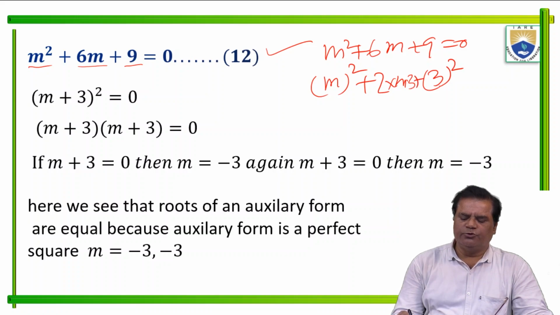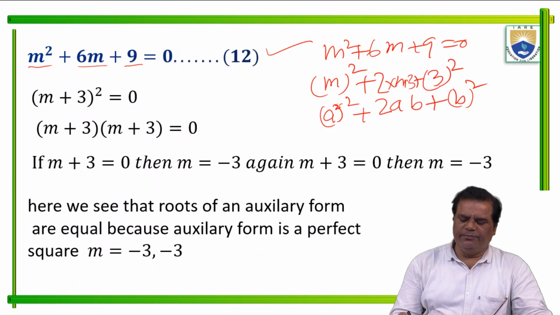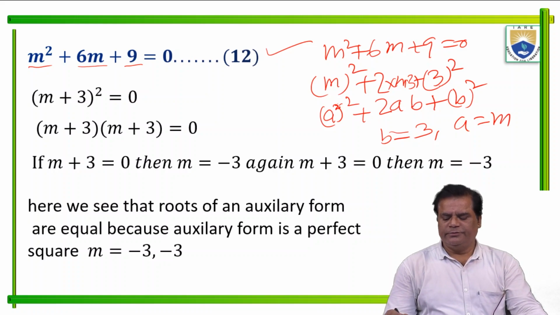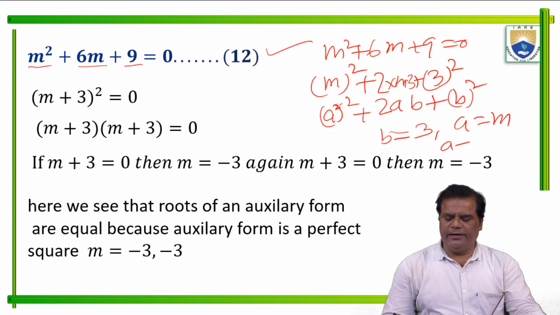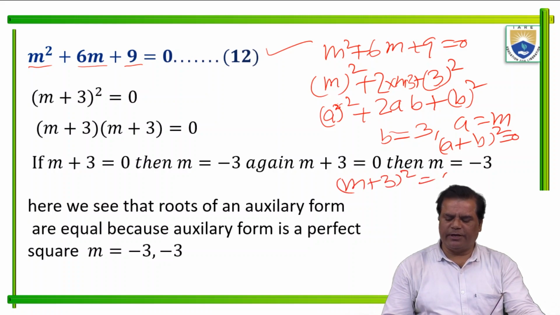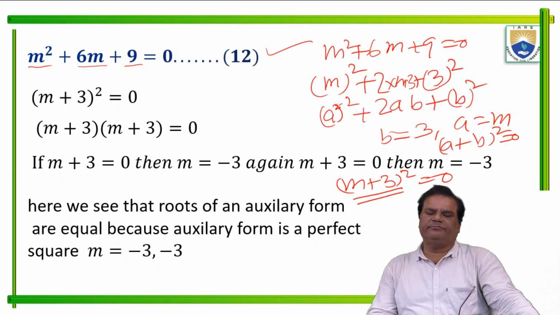So this is a square plus 2ab plus b square, where a is m and b is 3. So it is m plus 3 whole square. This is the factorization.